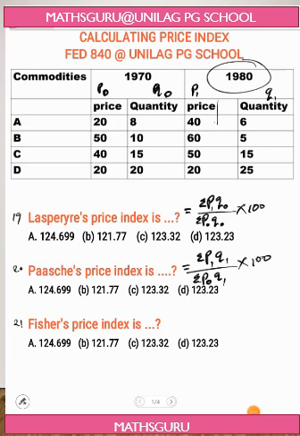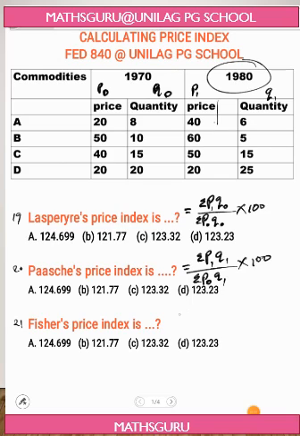So remember, P sub 1 is the current price, Q sub 1 is the current quantity, P sub 0 is the base price, that is for 1970, and the current quantity represents Q sub 1.